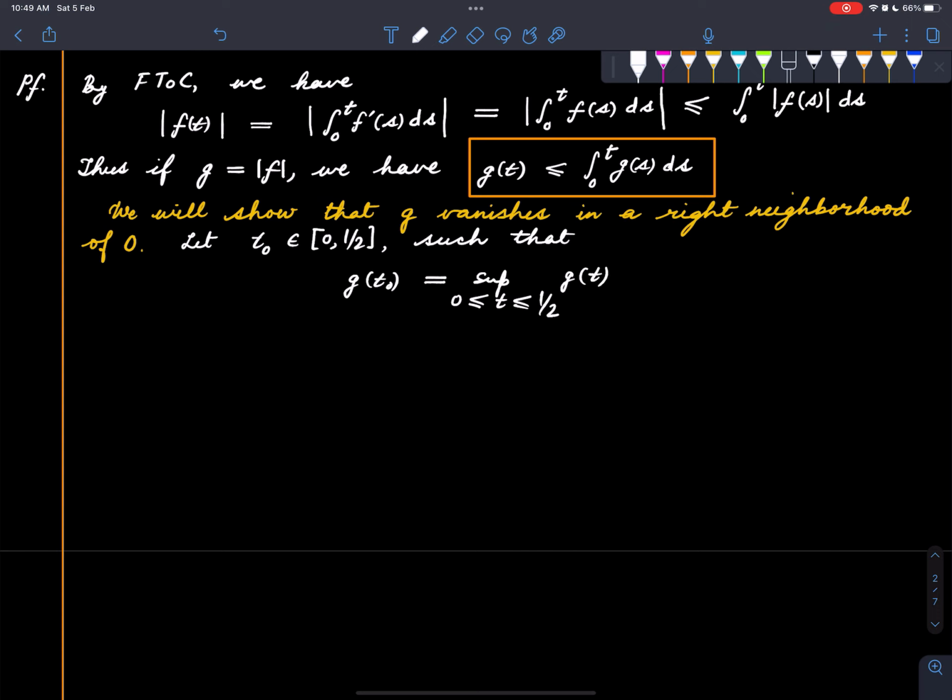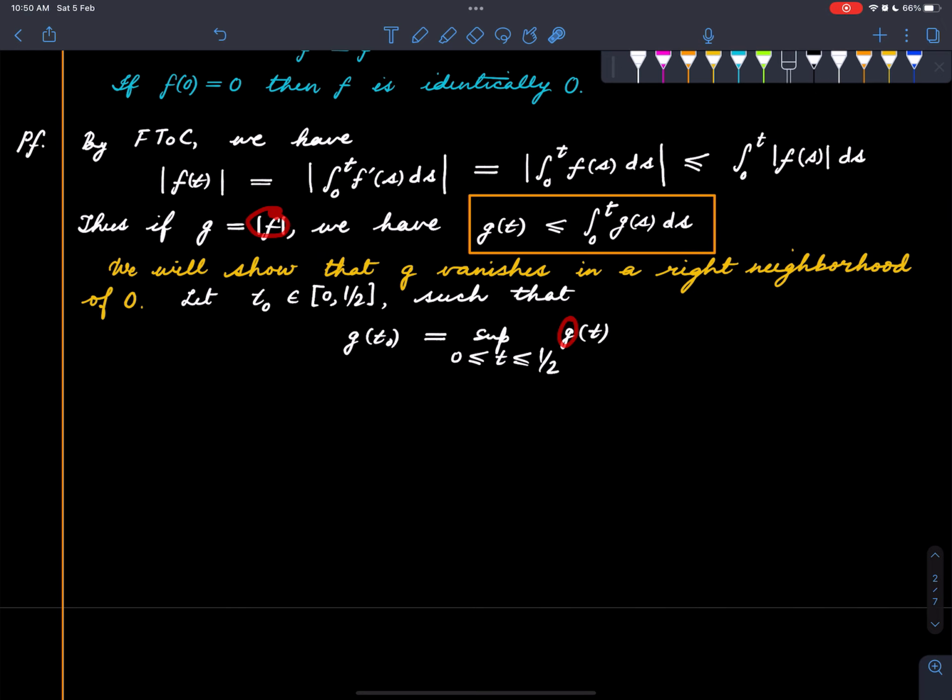Why can we find such a t naught? Well, g is a continuous function because the absolute value of a continuous function is continuous, and this is a compact set, and a continuous function achieves its supremum on any compact domain. Therefore there is a t naught. There could be multiple such t naughts, but there is a t naught such that this equality holds. Okay, fine.